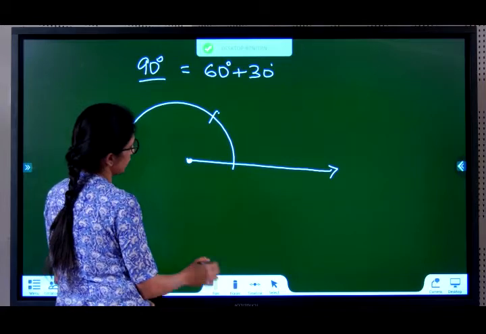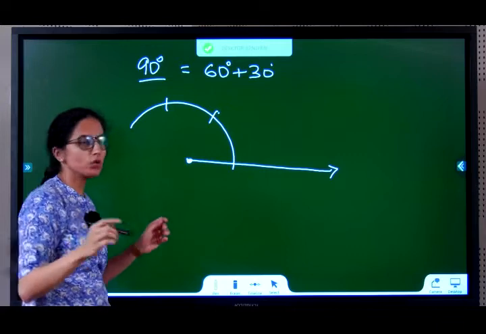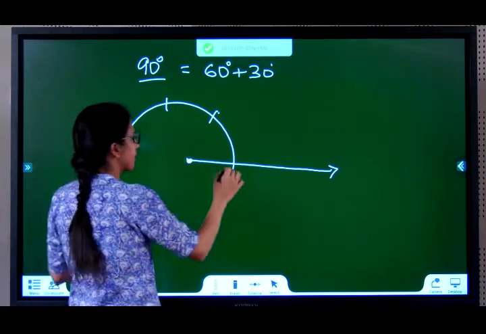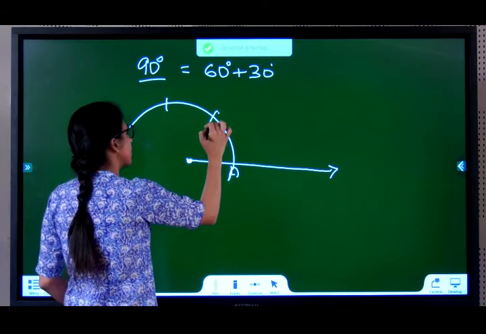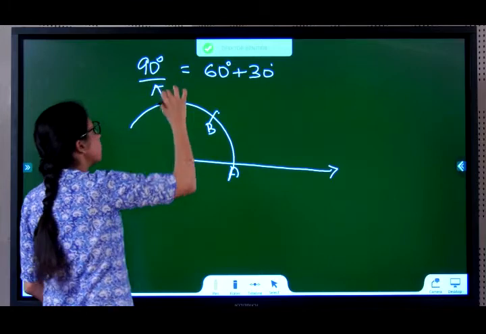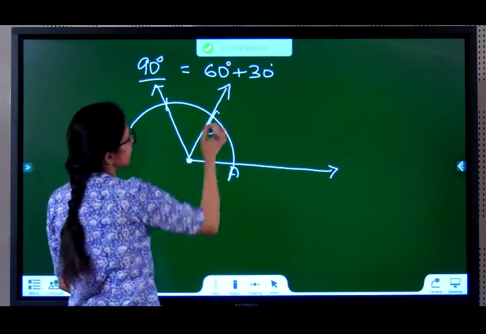So, what we can do is, I construct another arc with the same radius. So, what did we do? Take the needle here, draw an arc without changing the radius, come to A and cut an arc. Now, come to B and cut another arc. If I join this to this, I have 120 degree. If I join this to this, I have 60 degree.